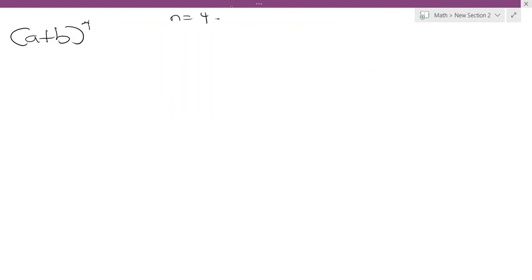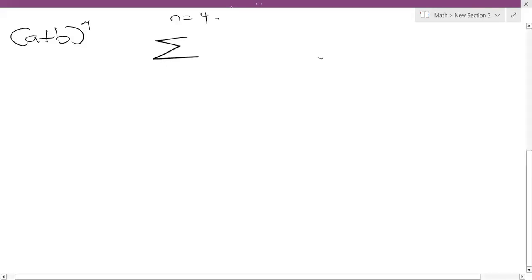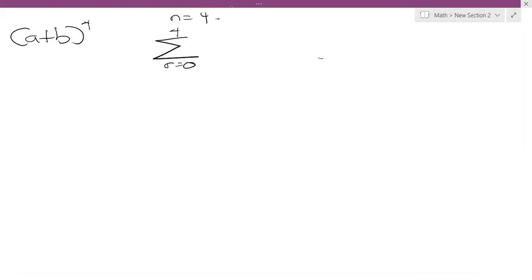I'm going to put that notation again. r always starts from 0, and n here is 4. We have n C r, a raised to power n minus r and b raised to power r. So let's start from when r is equal to 0.